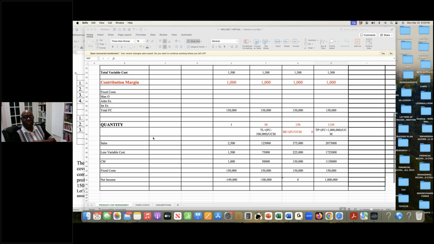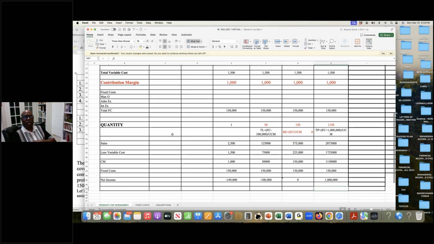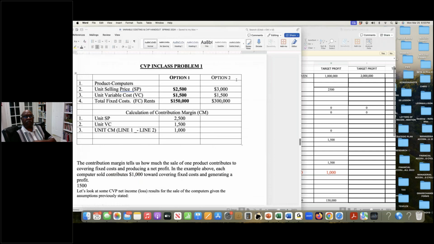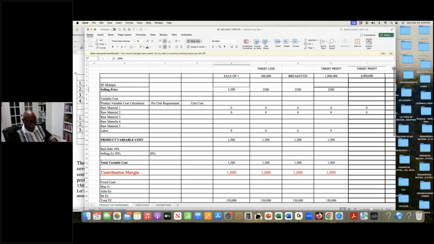All right, let's see. Our selling price is now what? What's our selling price? I got 3,000. So the selling price is now 3,000.